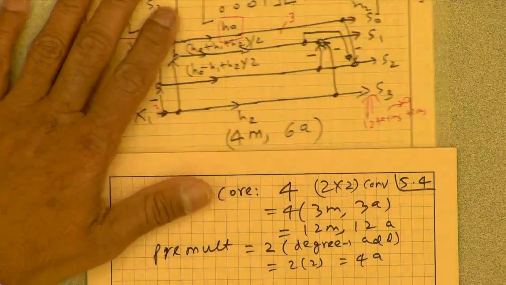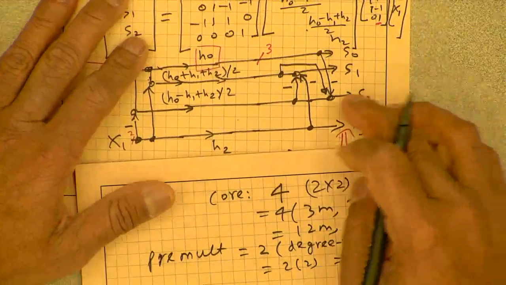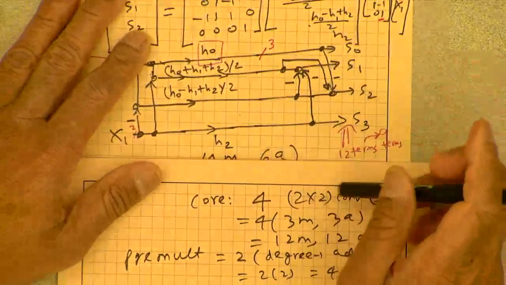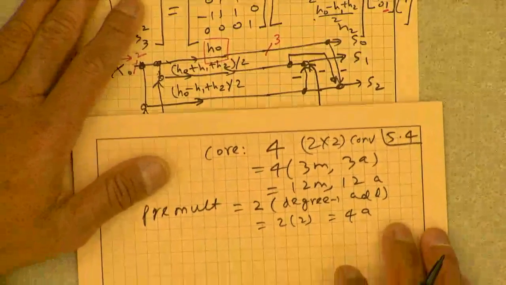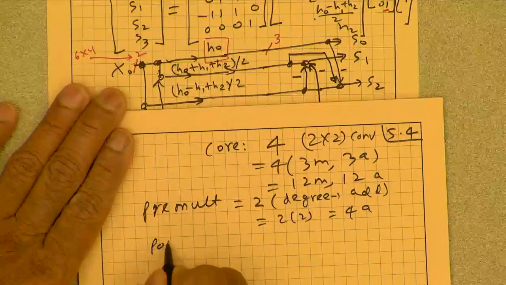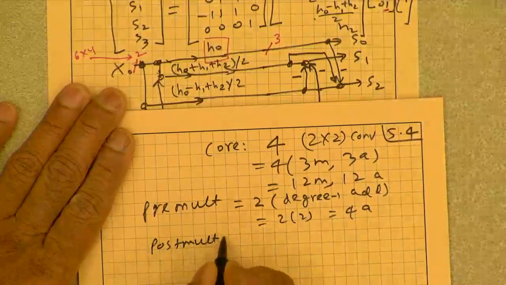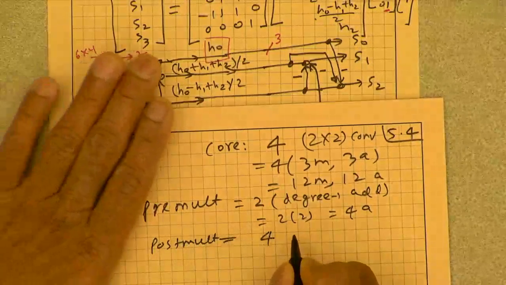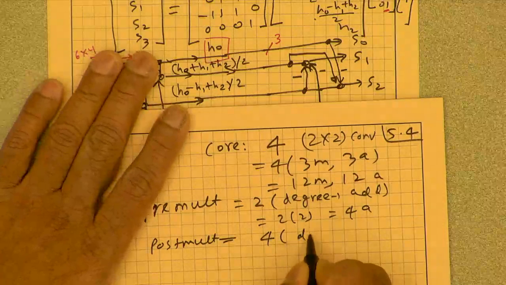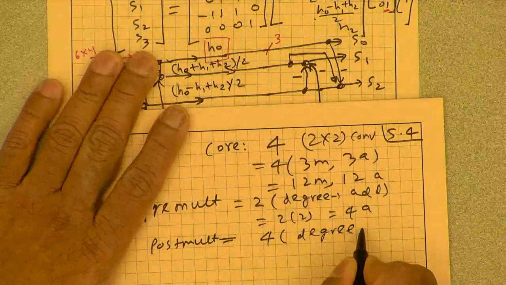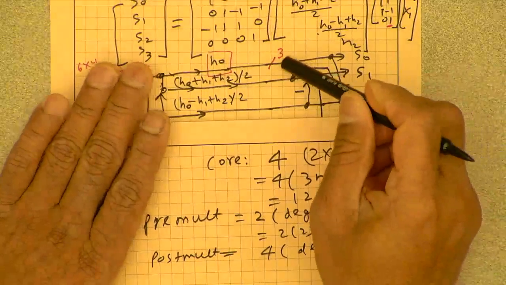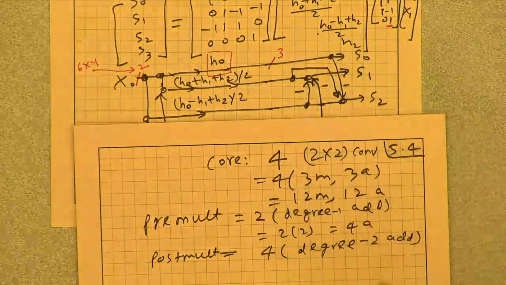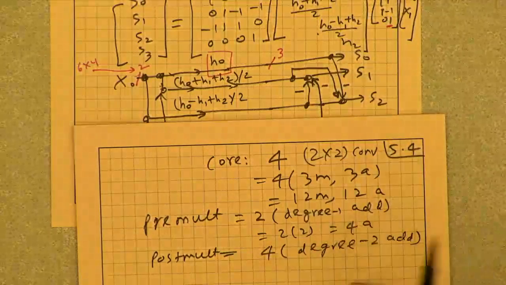Okay. What about the post? Well, before I get to the post, how about here? So, we had here 2 plus 2, 4. The post multiply part involves adding degree 2, or 3 terms. So, each one of these is degree 2 or 3 terms. So, we have to add 3 things.